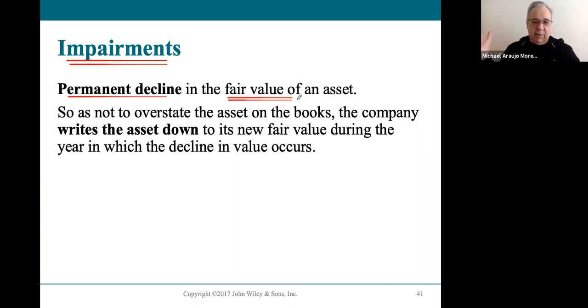They overspent on these assets, and they couldn't really keep it on the books at what they spent on it. So they had to write down the assets to their fair value and state, look, we paid $3 million for this growing warehouse, but in actuality, the real value of the asset is a million, not 3 million, and so we're going to write down the $2 million as an impairment.